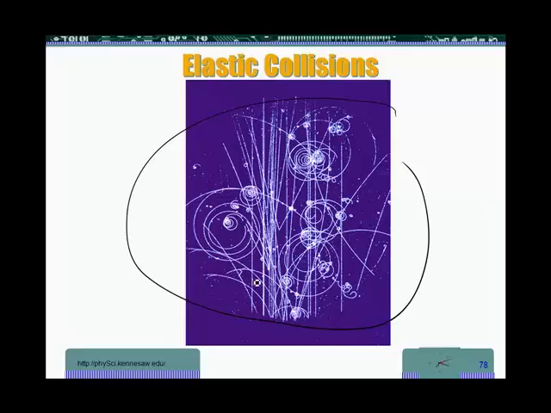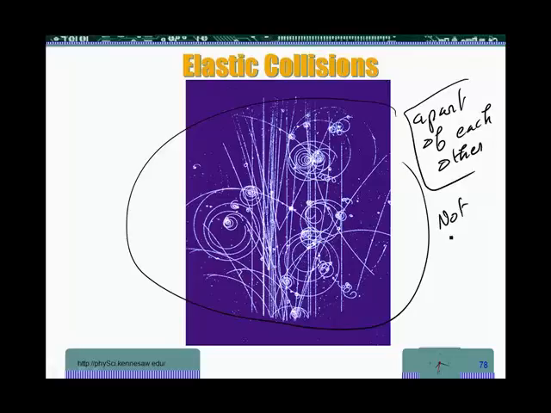In elastic collisions, objects are going to move apart from each other after the collision. They are not going to stick. That's another thing to pay attention to.